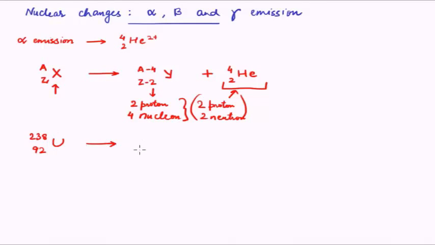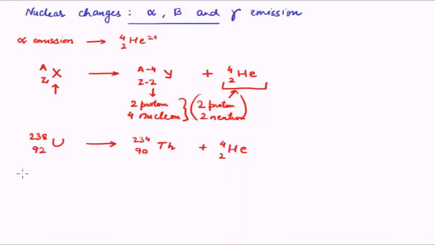This will give me 90 and 234, and if you see the periodic table, 90 belongs to thorium, Th, and since we have lost 2 protons and 2 neutrons, we will get an alpha particle. So this gives you an example of alpha emission, where the resultant daughter nucleus will have 2 protons and 2 neutrons less.